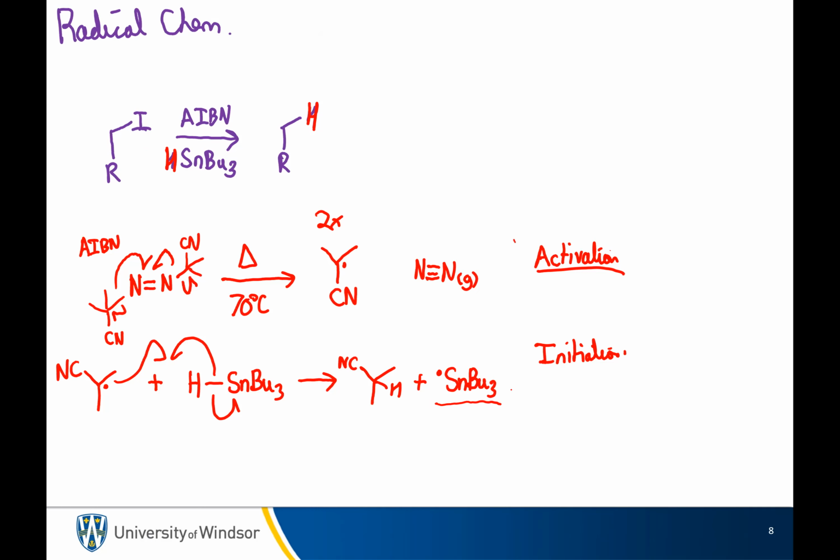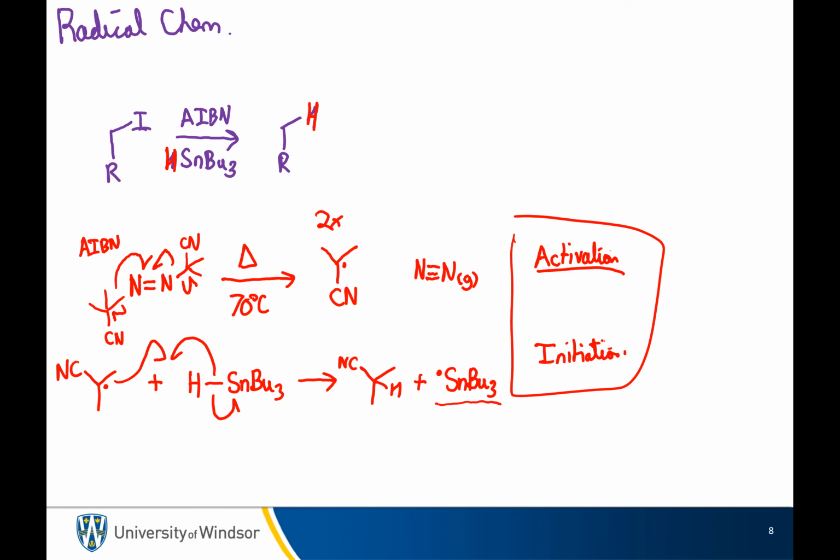Some people would call both these steps initiation, and that's fine. I'm a stickler apparently for this. I'm not normally much of a stickler on stuff. This one apparently I care about. I prefer to separate them, where initiation is a step that involves the generation of a radical that is present in propagation.